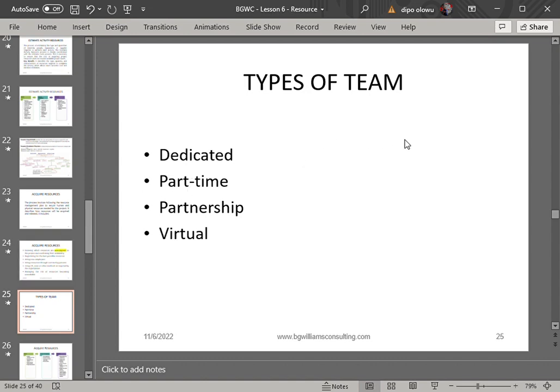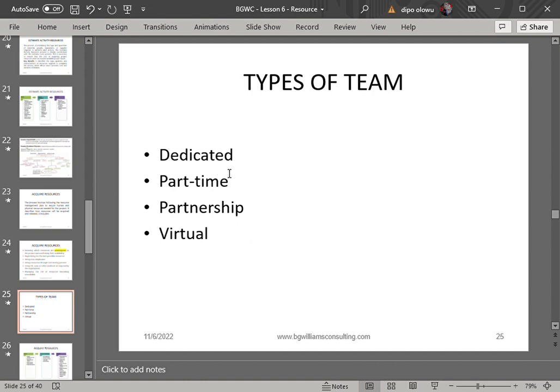Now, acquiring the team. There are different kinds of team that can be acquired in a project. We have dedicated team, part-time team, partnership team, and virtual team.